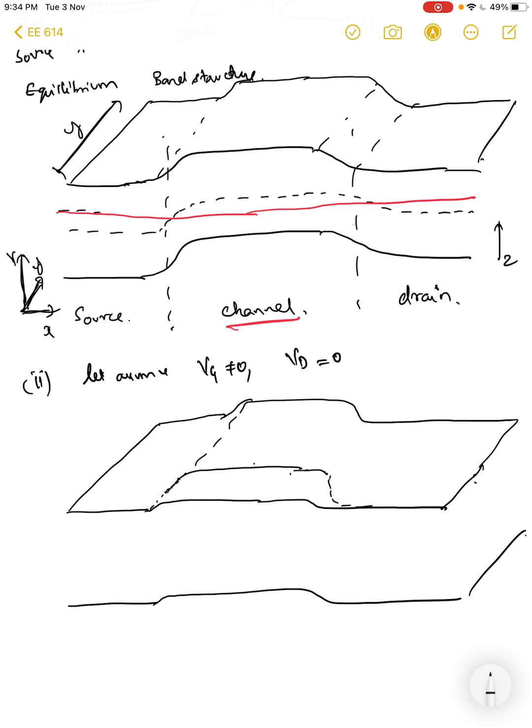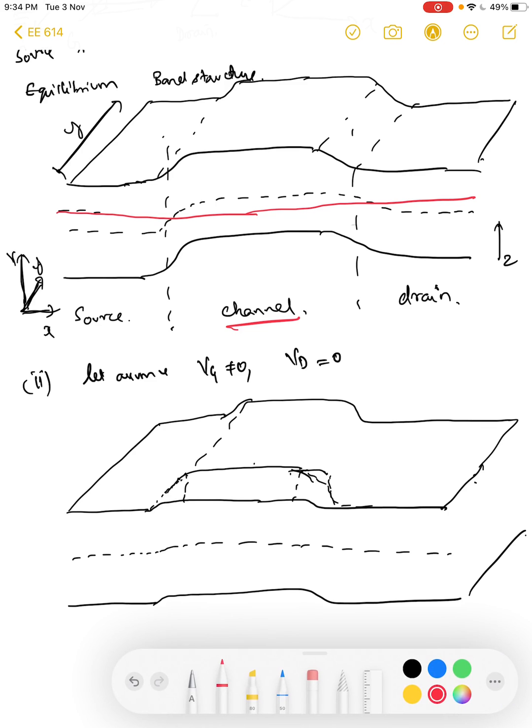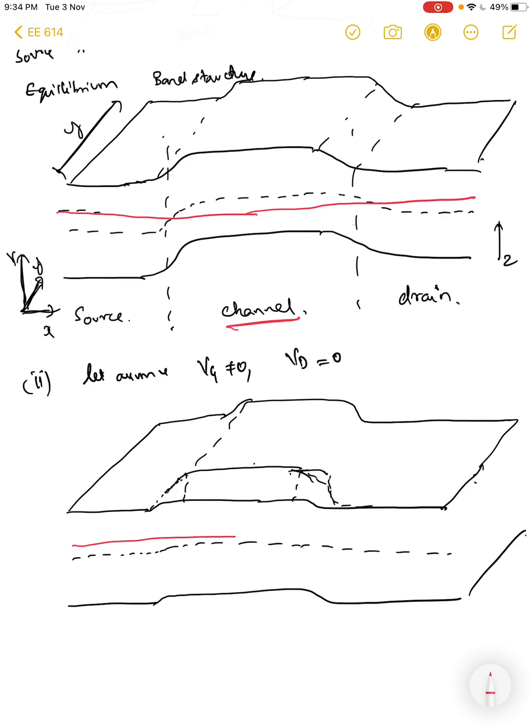What we are trying to show here is that there is a dip in the potential in the channel, such that when I draw the Fermi level, I have an inversion at the surface. So this is EF.